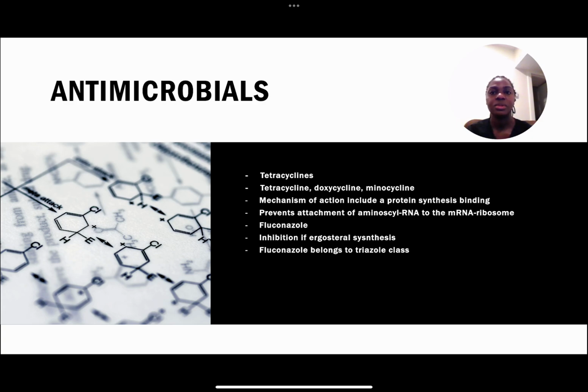This enzyme is crucial in the biosynthesis of ergosterol, which is an essential component for the fungal cell membrane. Ergosterol plays a similar role in fungi as cholesterol does in human cells. It maintains membrane integrity and fluidity.